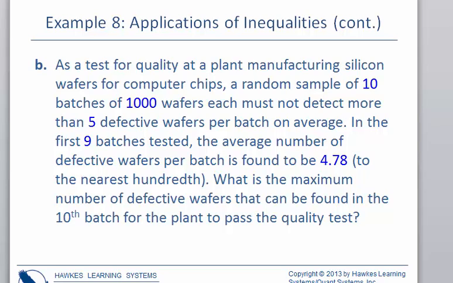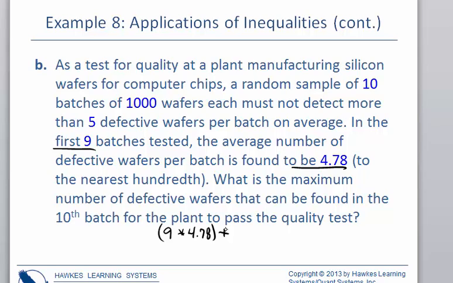We know that for the first 9, the average is 4.78. And so if I want to look at those 9 together, I would say 9 batches, each one has an average of 4.78, so we can multiply those two together. That'll take care of the first 9 batches. Then we just have to look at that 10th batch.